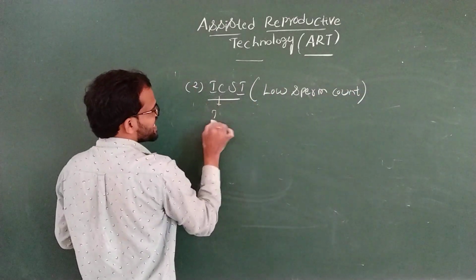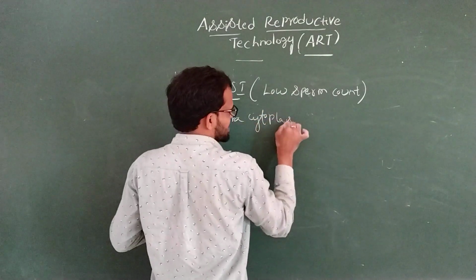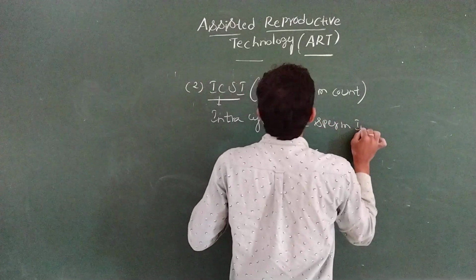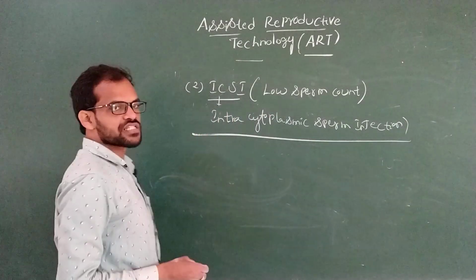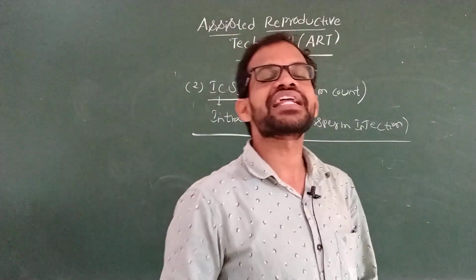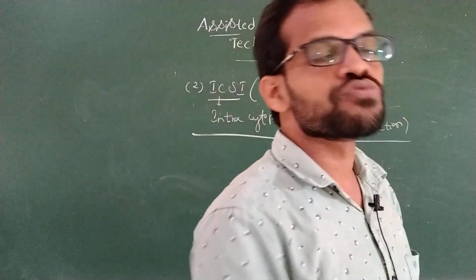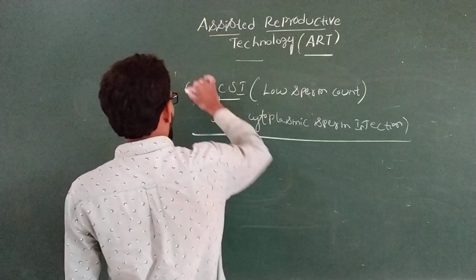ICSI means intracytoplasmic sperm injection. Artificially, the sperm cells are collected from the donor. These sperm cells are artificially inserted into the cytoplasm of the egg cell. This condition is known as ICSI.